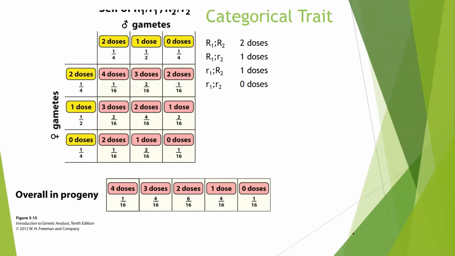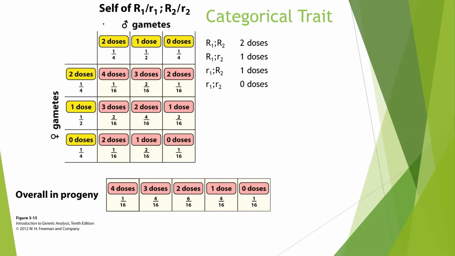Now let's extend this example to a more complicated situation. This is not a real example, but I use it as a hypothetical example to show you the relationship between the simple traits and the complex traits. In this case, the situation becomes a little more complicated.